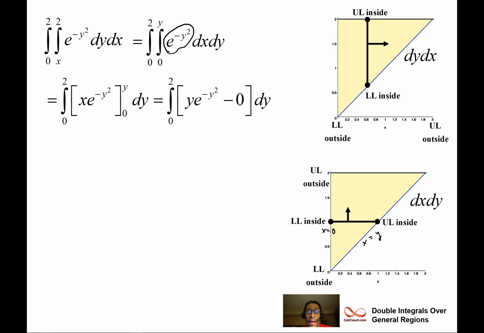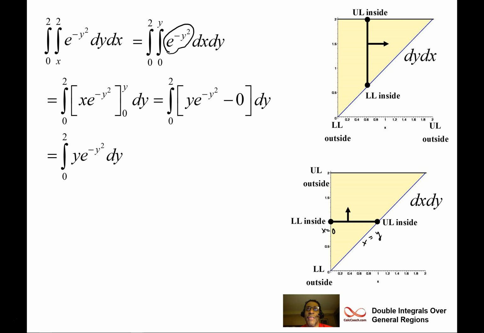And so now we have the integral of y e to the minus y squared dy, it's Calc 1 integral, first semester integral, and it's our job to integrate this. And before, we couldn't integrate e to the minus y squared by itself, but now we have a y there and we can integrate it. We can integrate it because we can do a u sub.